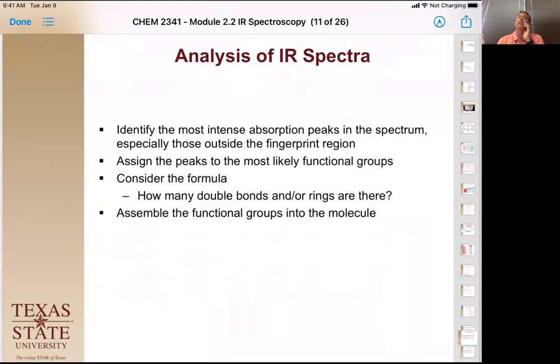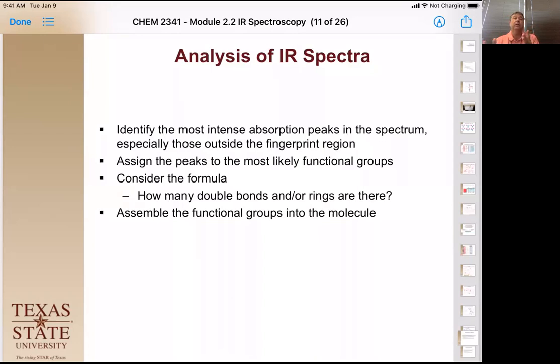So let's assign the ones above 1,500 first, and then maybe look for things in that 1,500 to 1,000 range. Now that we have those most intense peaks above 1,500, let's figure out what possible functional groups we have. Does it have a carbonyl, and it looks like it has a carbon-oxygen bond, but it doesn't have an OH?